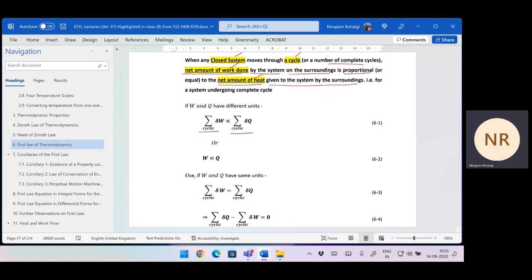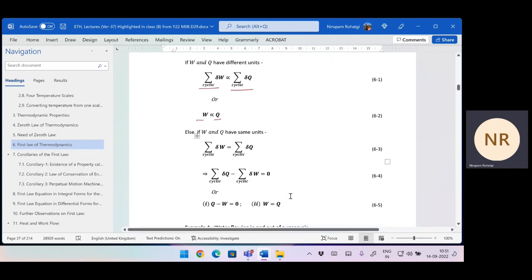If it is flowing in the other direction, it should be taken negative. Similarly, work is done by the system. If the surrounding is doing the work on the system, then it will be taken negative. So that you know, and then you can write total net work done is equal to net heat given to the system. Okay.